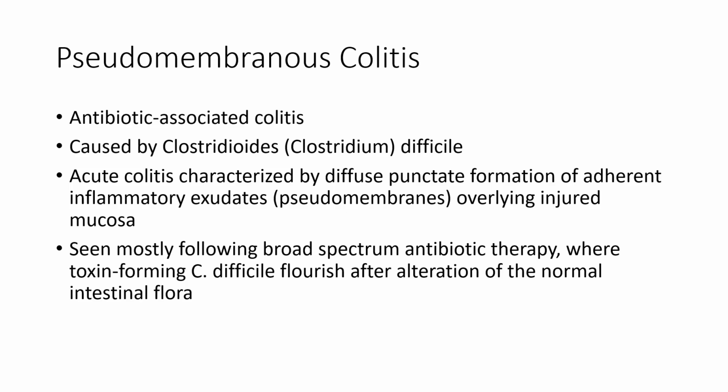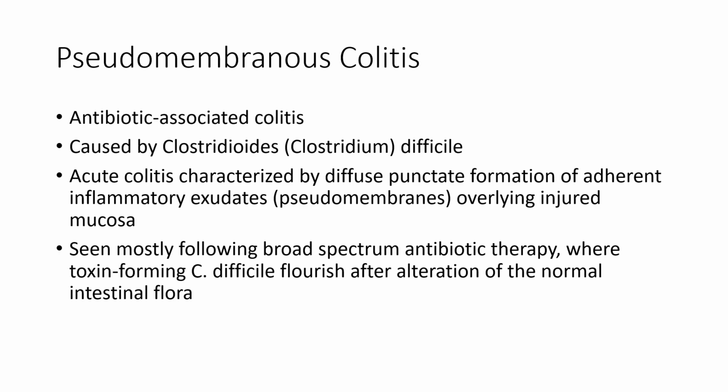Pseudomembranous colitis is also referred to as antibiotic-associated colitis. It is a type of acute colitis that is caused by the bacteria Clostridium difficile, or C. difficile. And this type of colitis usually occurs after the use of broad-spectrum antibiotics. These broad-spectrum antibiotics cause disruption of the normal colonic microbiota, and this will allow Clostridium difficile to overgrow.